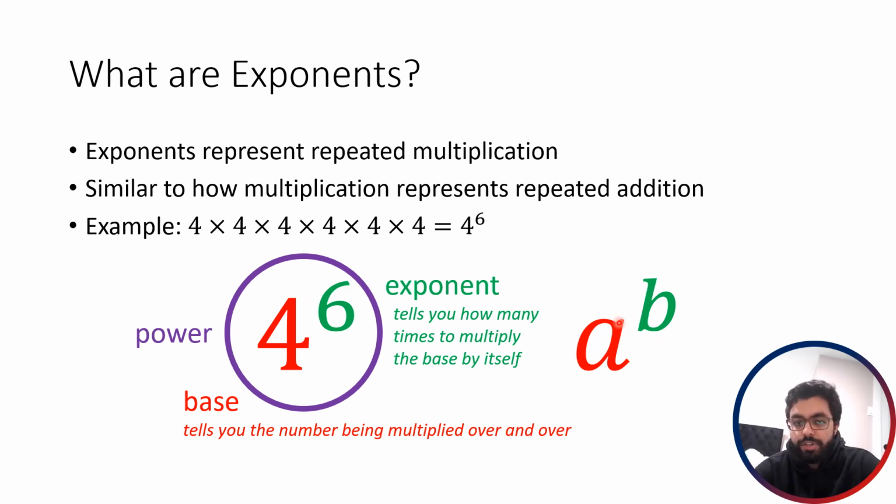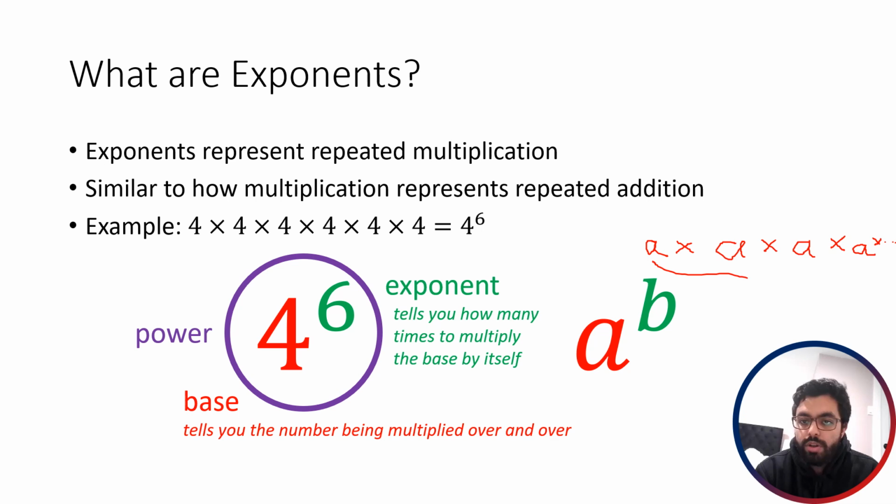If we were to speak more generally, a to the exponent b means that we're going to have a times a times a times a times a, and it's going to keep going. How many times?